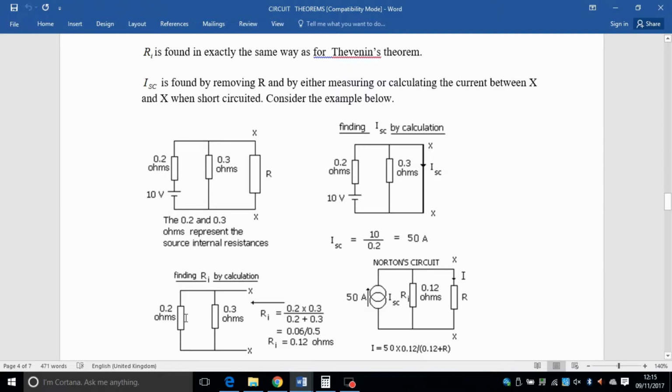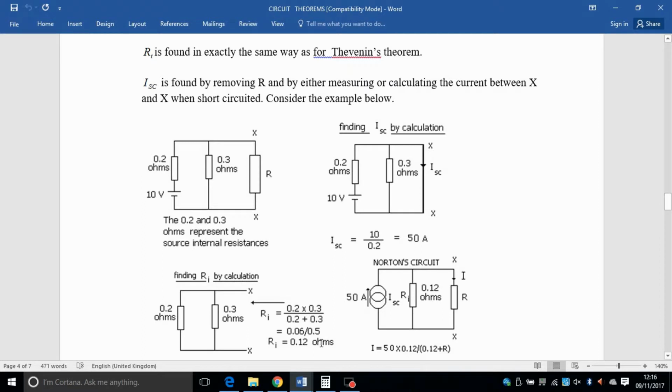In this case, you have 2 resistors in parallel, so you just use the formula 1 over 0.2 plus 1 over 0.3. Calculated, it will be 0.12 ohms, or you can just use the product over sum formula, and you get the same value, 0.12 ohms, whichever method is convenient for you.